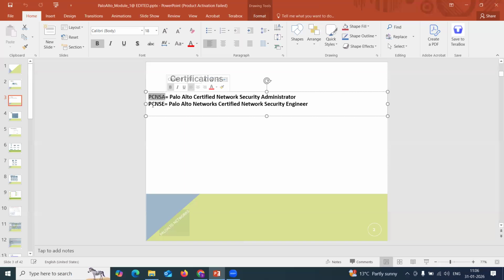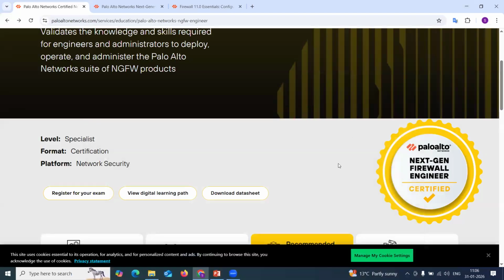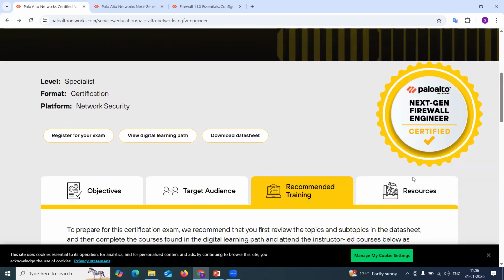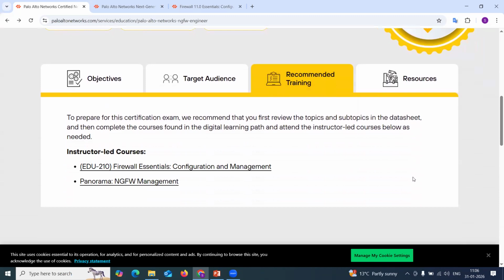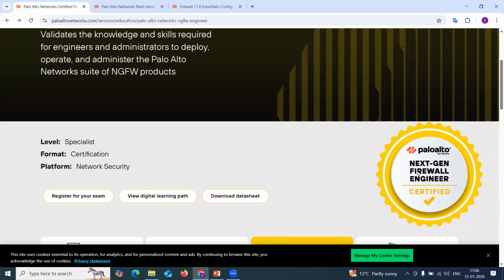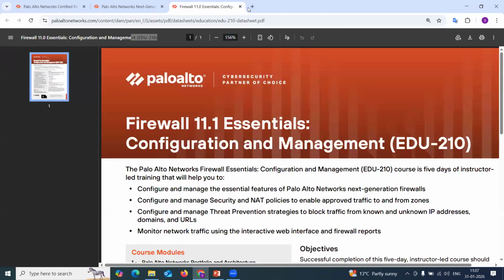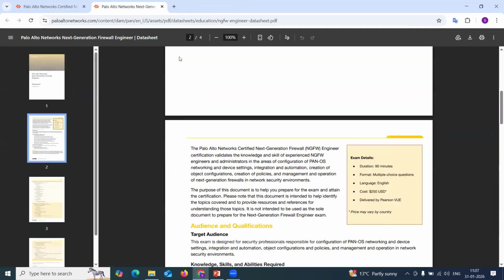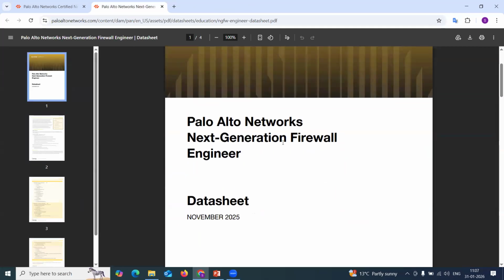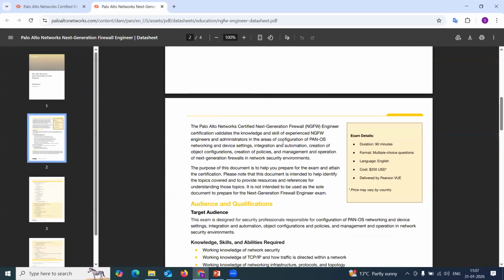You could go directly with PCNSE. Right now also we have the same model. So for next generation firewall engineer, you still don't have any prerequisites. You can directly go for this certification, but you need to have all this knowledge before you go for it. This is about the next generation firewall examination part, guys.